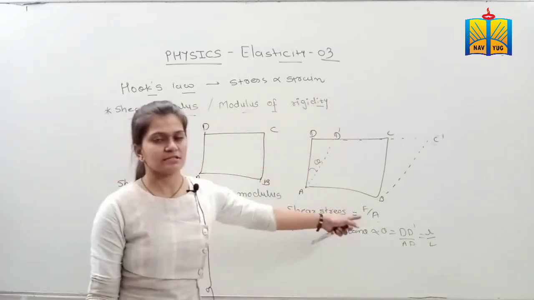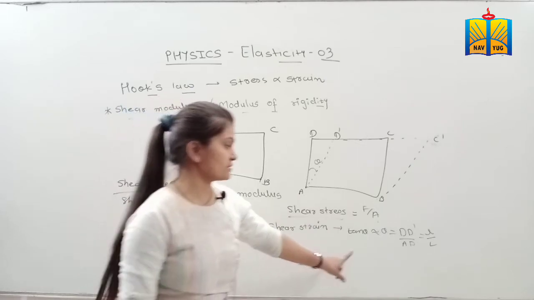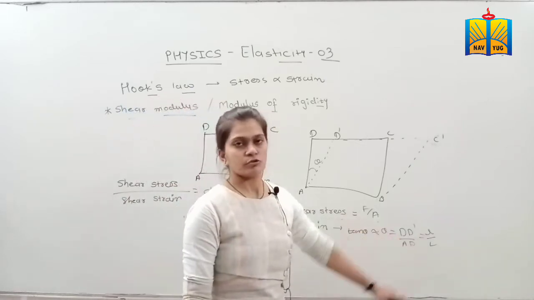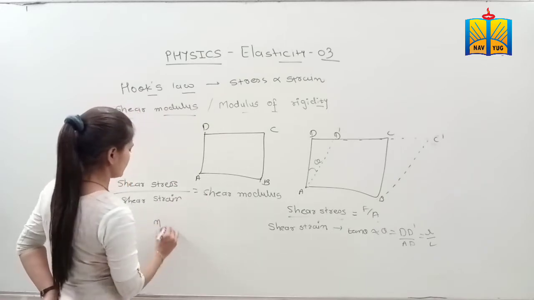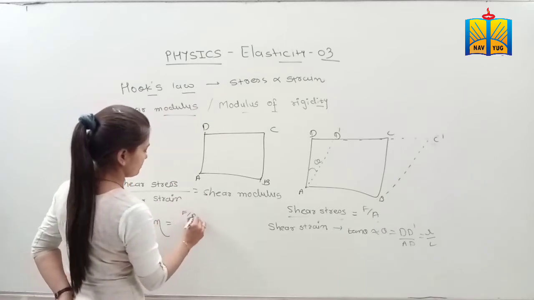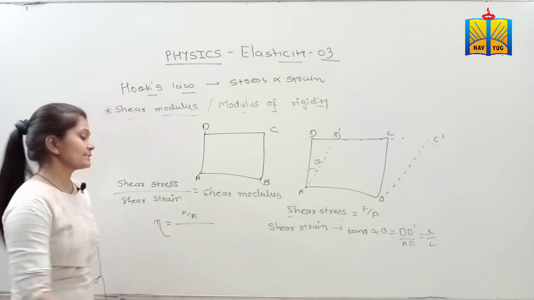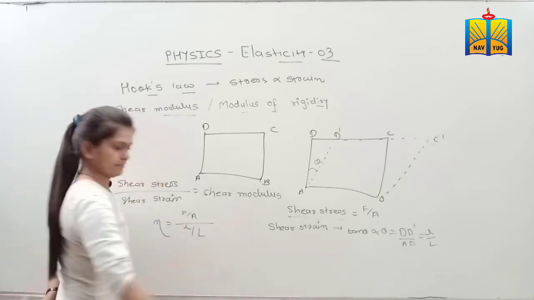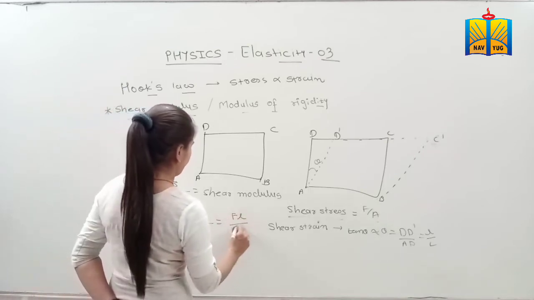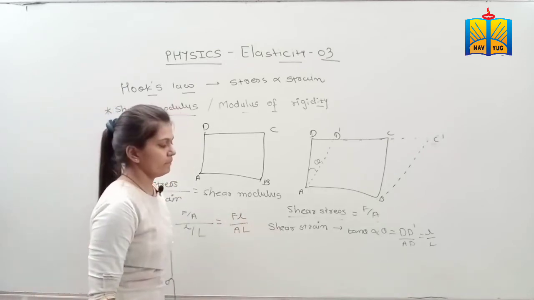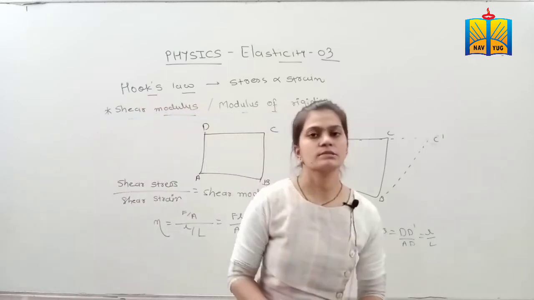Equation of stress, that is F upon A, and shear strain, that is tan theta approximately theta equal to small l upon L. So that shear modulus eta is equal to F upon A divided by small l upon capital L. So final equation becomes F L upon A into small l. Must denote this here strain and stress.